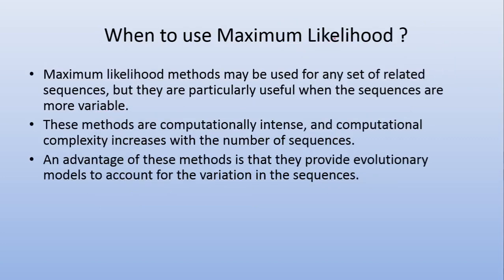Now the last one that is remaining is what we call the maximum likelihood method. This maximum likelihood method may be used for any set of related sequences. Say, for example, you end up with a multiple sequence alignment in which all of these sequences are not very conserved, or you can say the variation is very high.